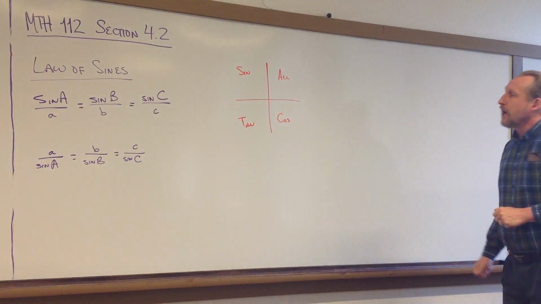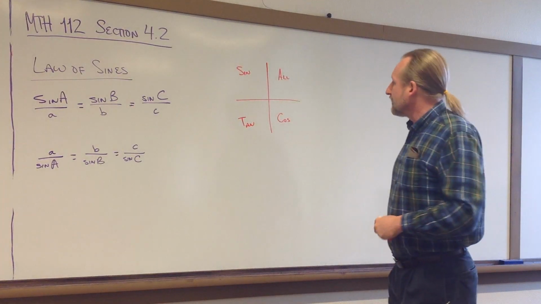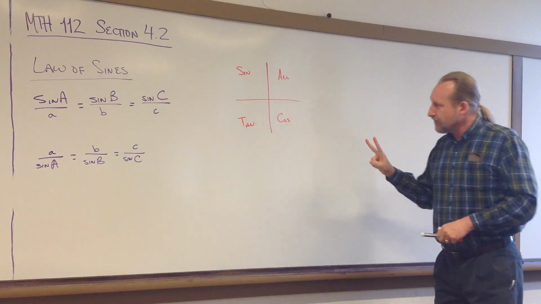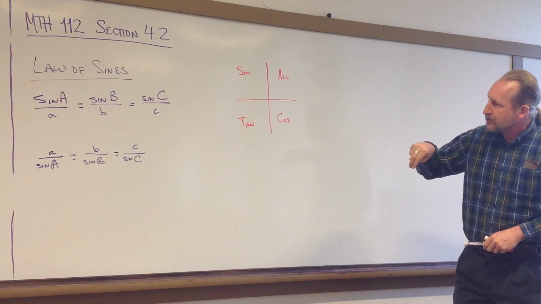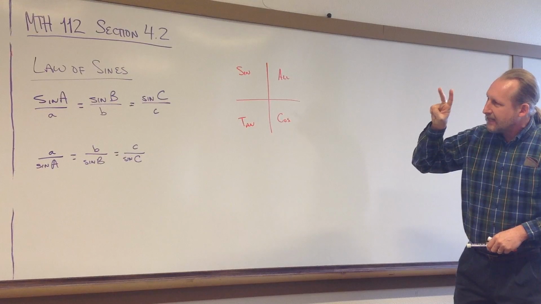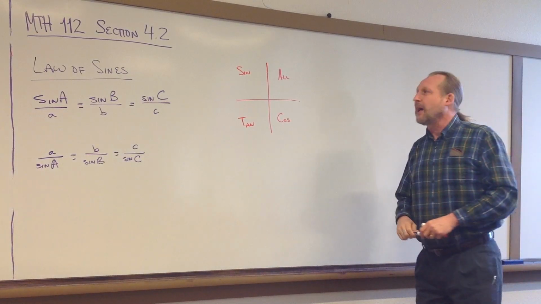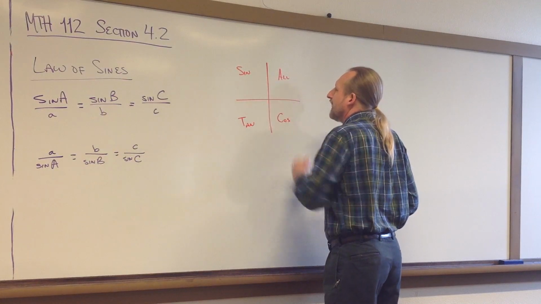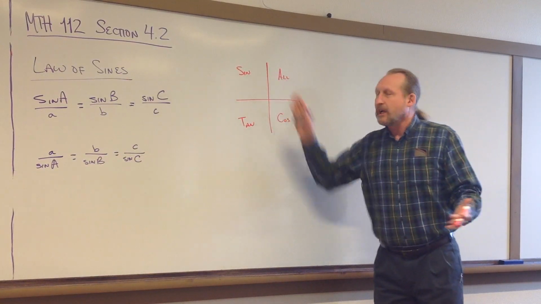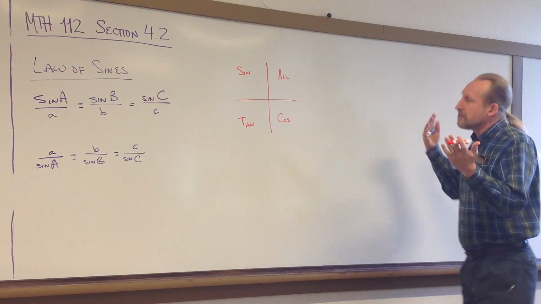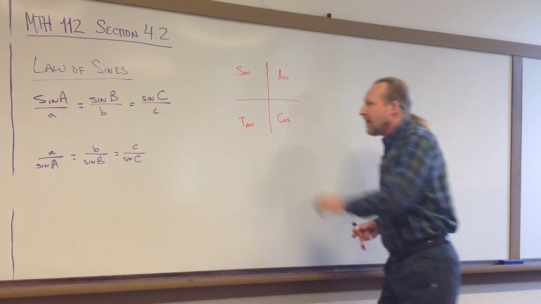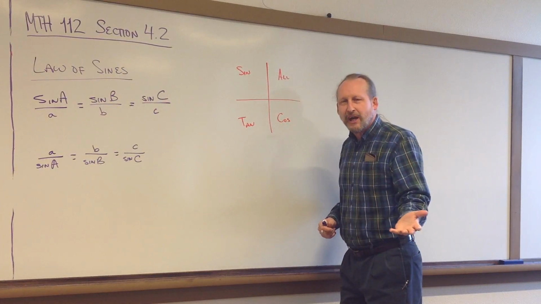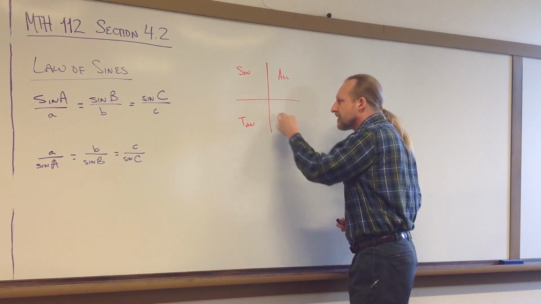The sine function has the unique ability to have two different angles have the same sine and also fit into a triangle. Obviously all of these first quadrant angles between 0 and 90 degrees can fit into a triangle. None of the angles in the third and fourth quadrant can fit into a triangle because they're all more than 180 degrees.